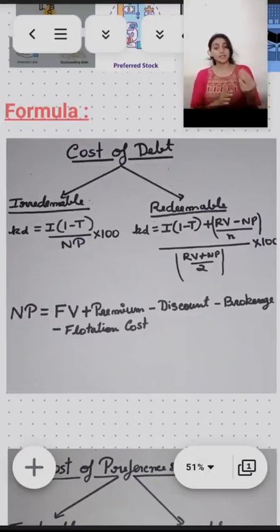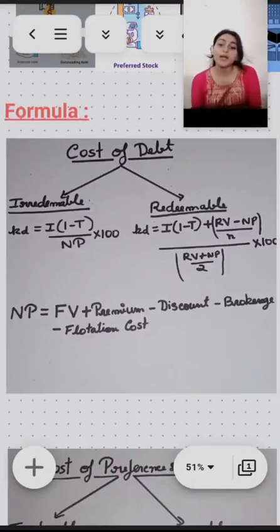Redeem is nothing but to repay it back, whereas redeemable debts are those which can be redeemed during a specified period, the maturity period. Both irredeemable as well as redeemable debt receive interest.